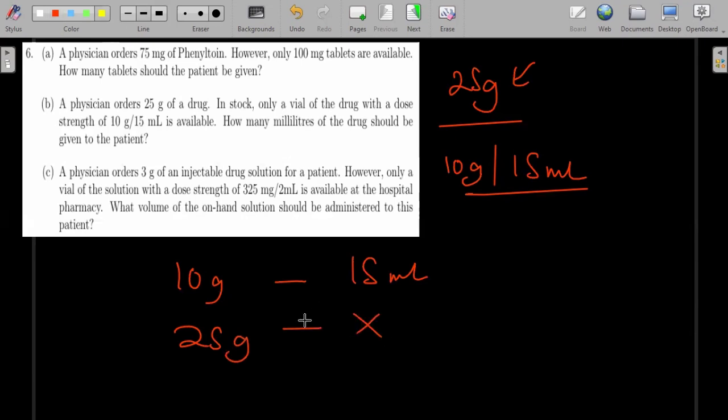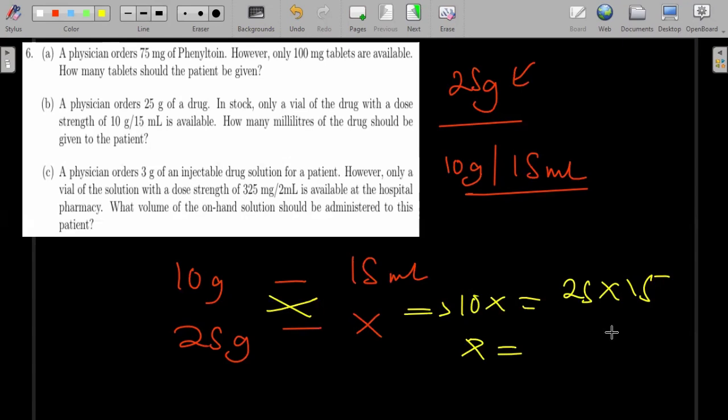So I'm going to cross multiply. What I get is 10x is equal to 25 multiplied by 15. So my x will just be 25 multiplied by 15 divided by 10. If I punch this on my calculator, I get 37.5 milliliters.